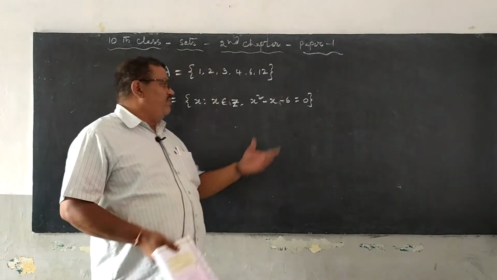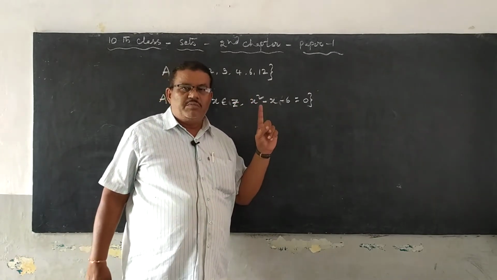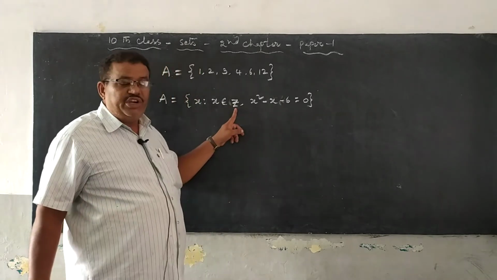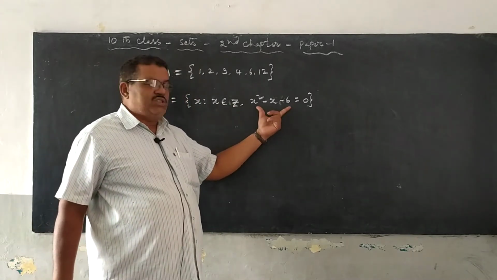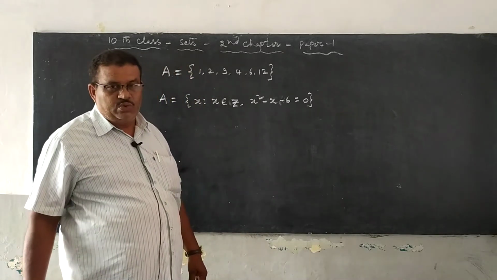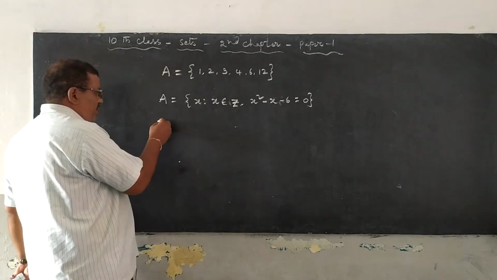When we solve this equation, we get two elements, one is plus 3, the other one is minus 2. Both belong to the set of integers. Solve this one separately and you get the answer, that is 3 comma minus 2. That is the answer. So, geometrical ideas.